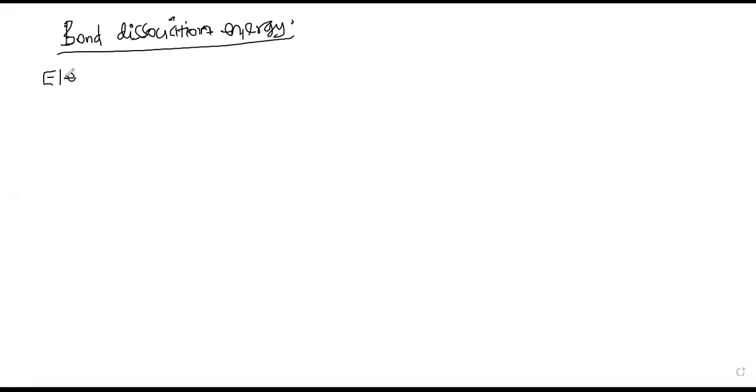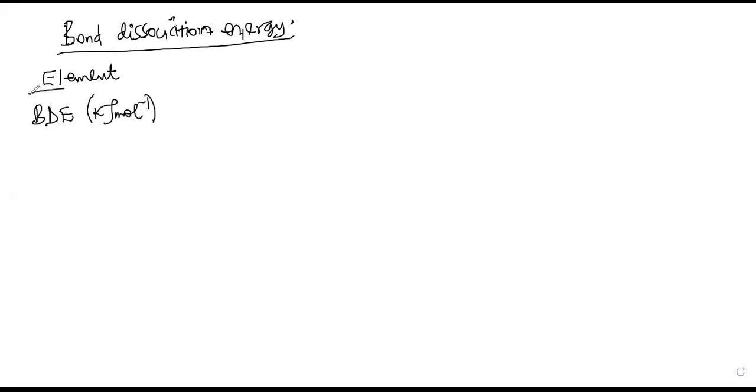Bond dissociation energy. I'm going to still give values, in kilojoules per mole.